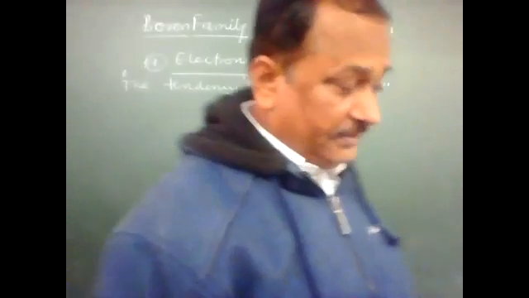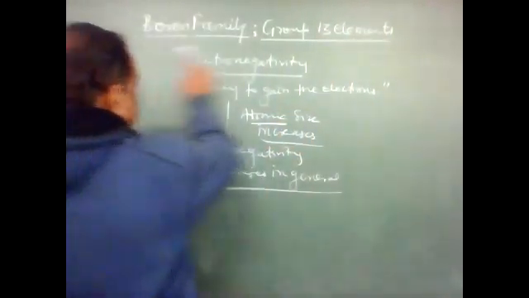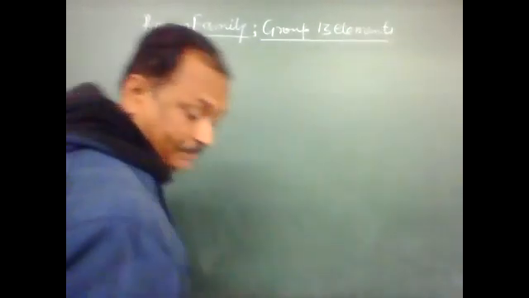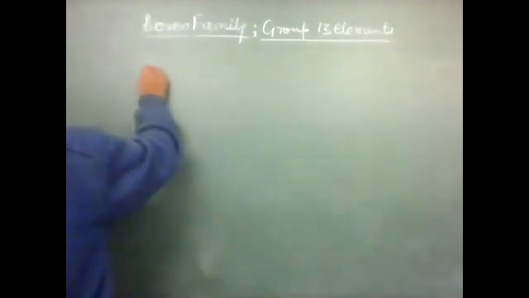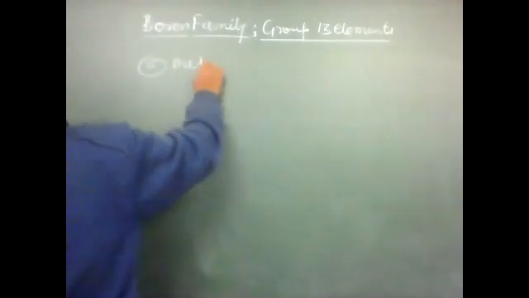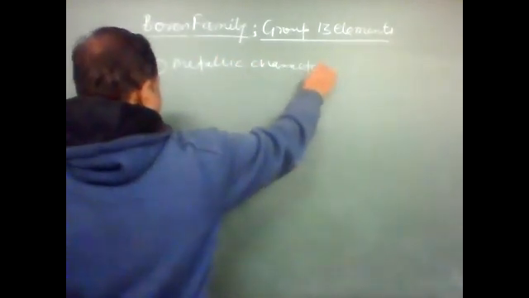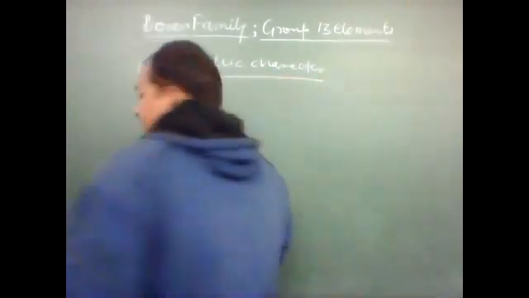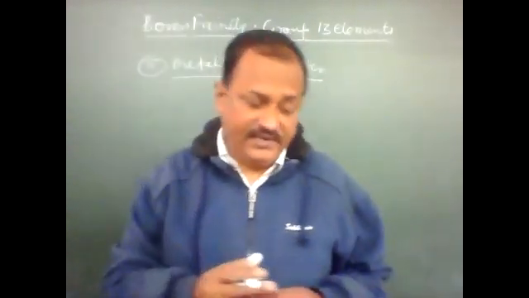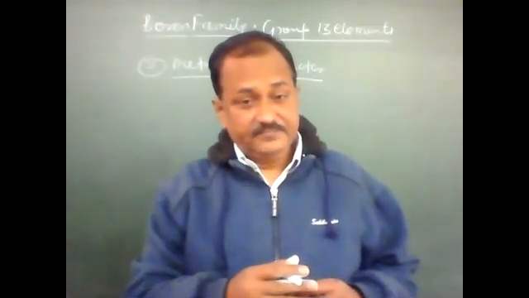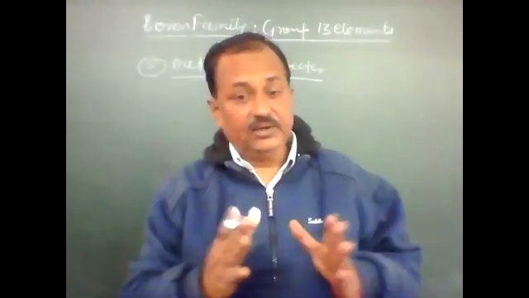Then coming to the next point, metallic character. Children, the general trend is very important. Trends are very much important in the periodic table or all the groups.